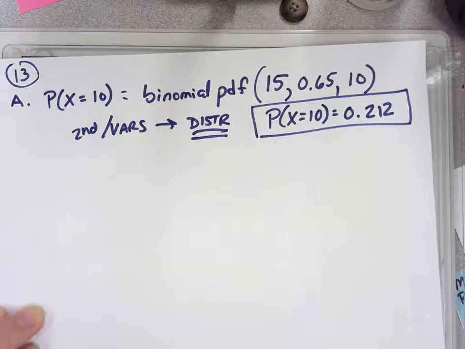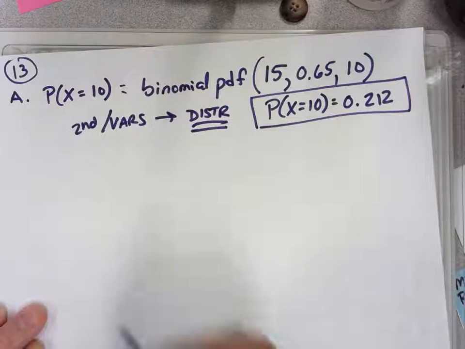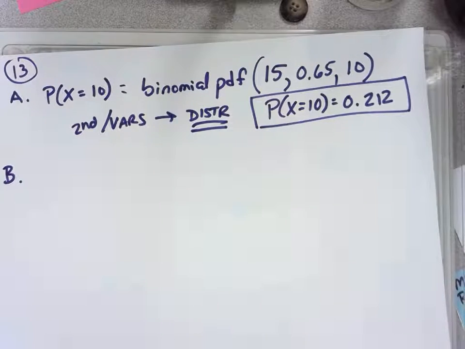I didn't understand how to do B because I forgot how to do failures. We'll look at it. B says the probability of, again, this one I told you I would credit back because of the wording. The word 5 should not have been there. It should be the probability of 10 failures.